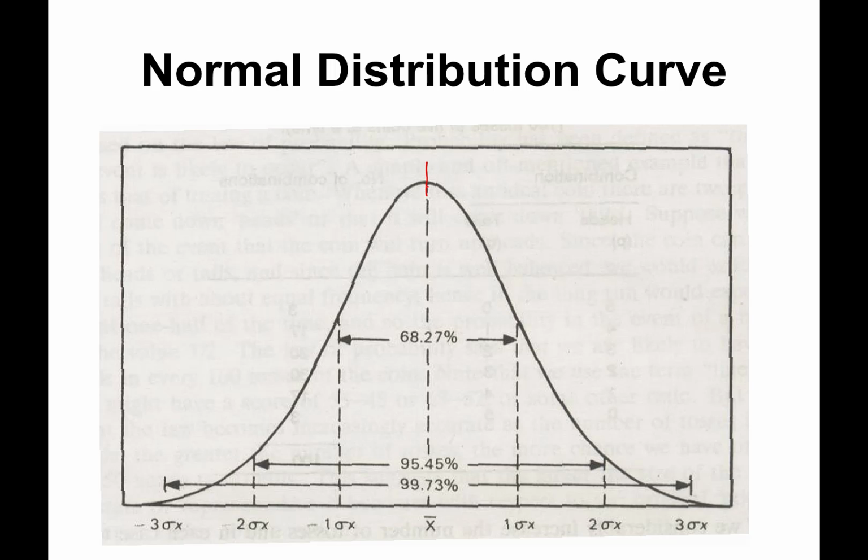So about the center value or the average value, when the spread is of 1 sigma, it covers an area of about 68.27%.